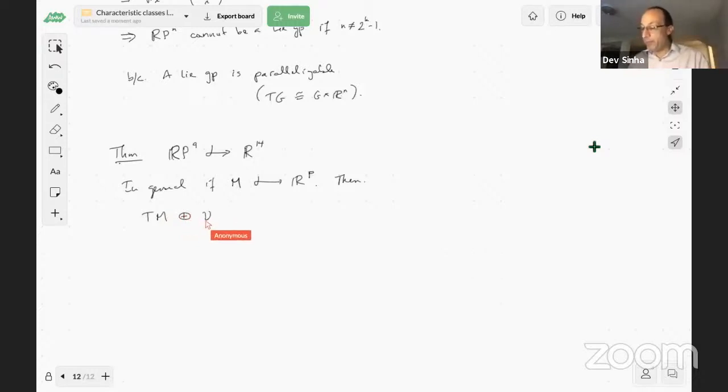You don't need to be an embedding to have a normal bundle. And what we can do is say that the Stiefel-Whitney classes of the tangent bundle determine those of the normal bundle.